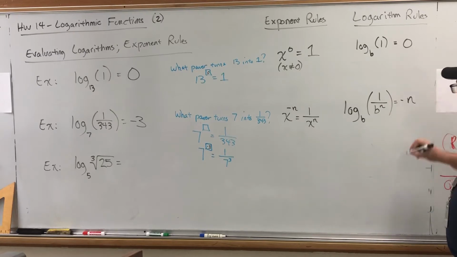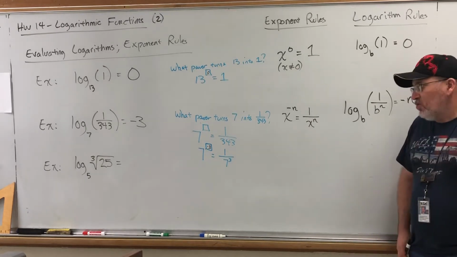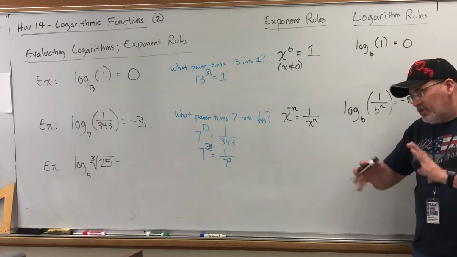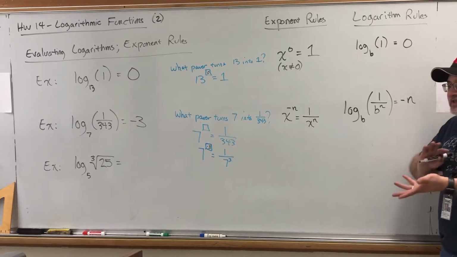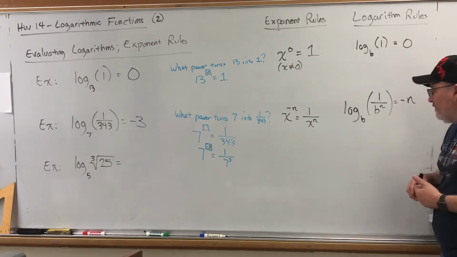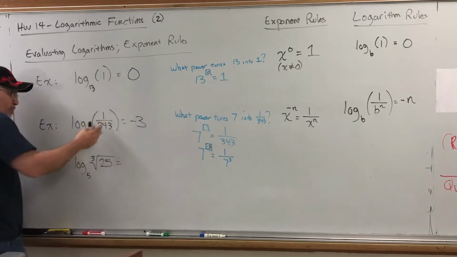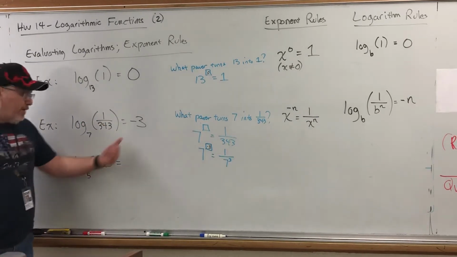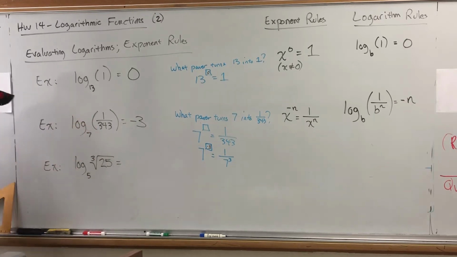Not n, but negative n. Anytime we do a specific problem whose answer depends upon the structure of the problem, we can turn that into a rule by removing the specific values and replacing them with generic values, aka variables. So when you see a log base of the reciprocal of a number, you should probably expect a negative answer because negative powers reciprocate.